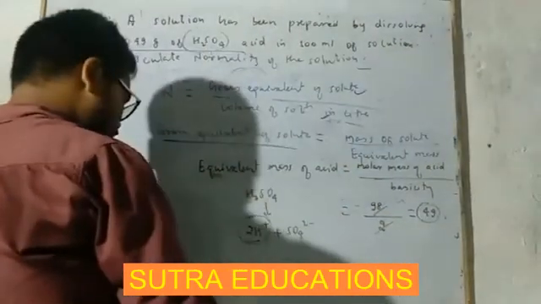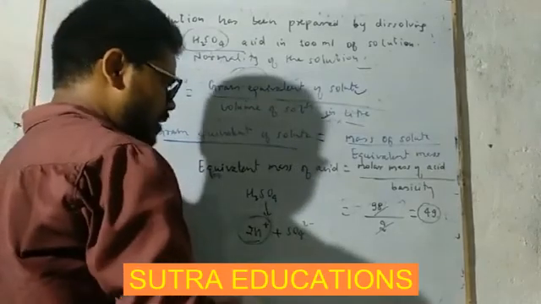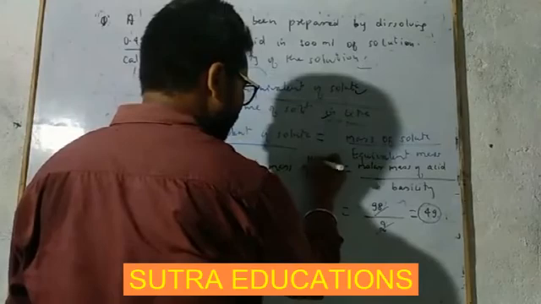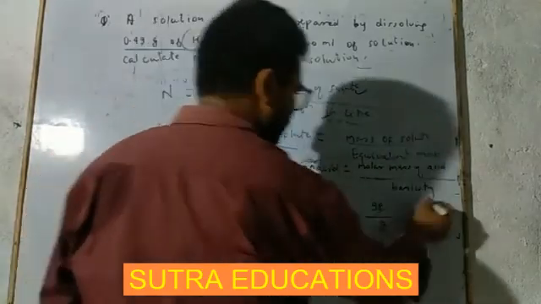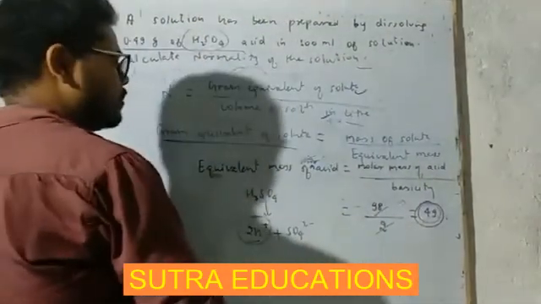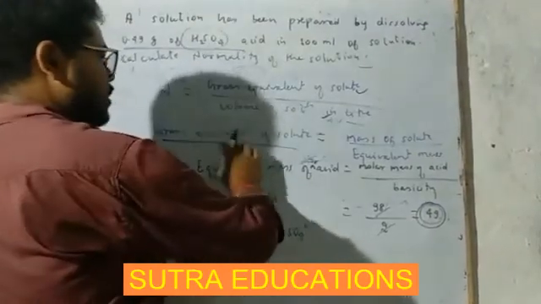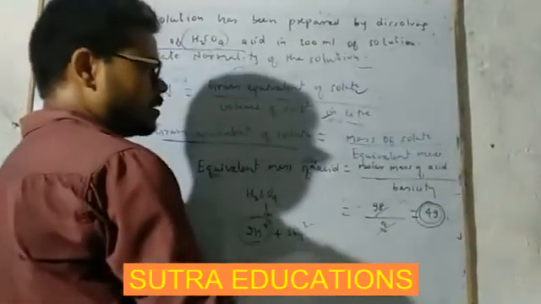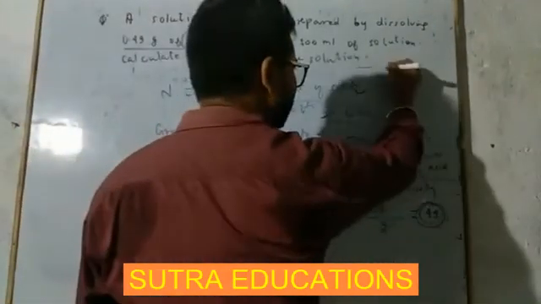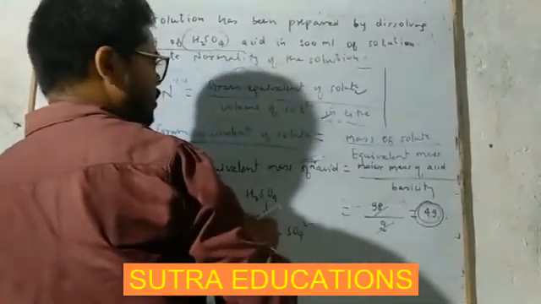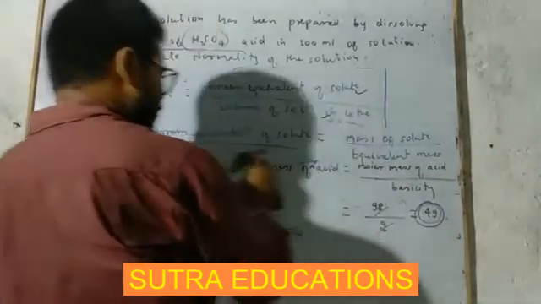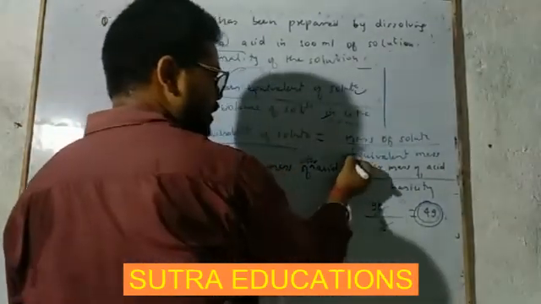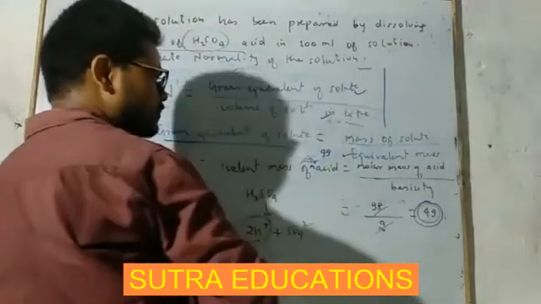Now we have calculated the equivalent mass of H2SO4, which is 49. From this, gram equivalent of solute will be mass of solute upon equivalent mass. Remember this.